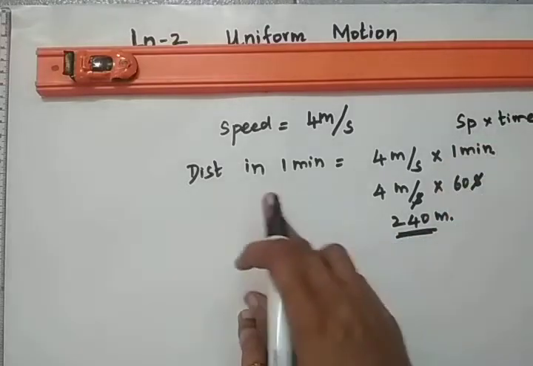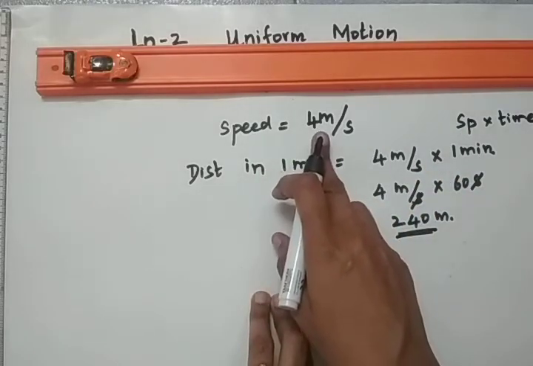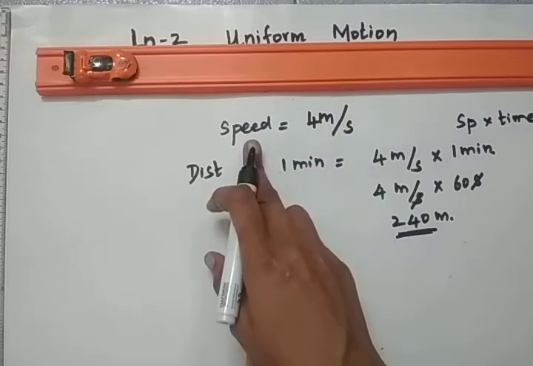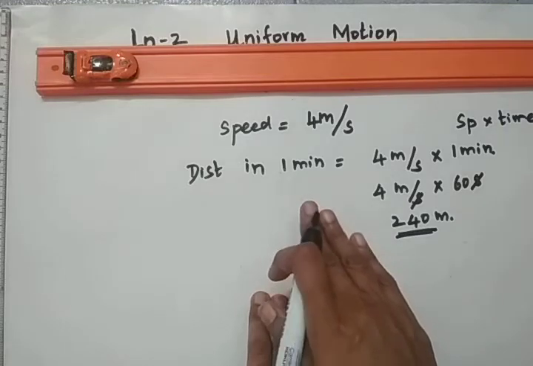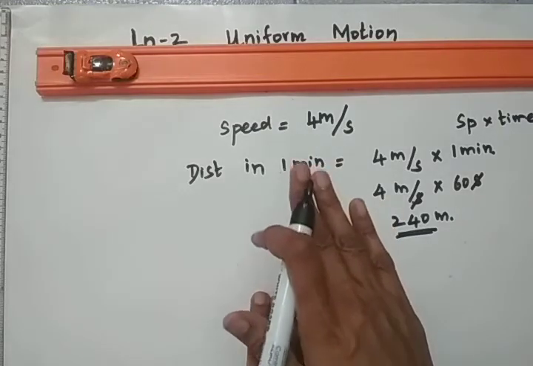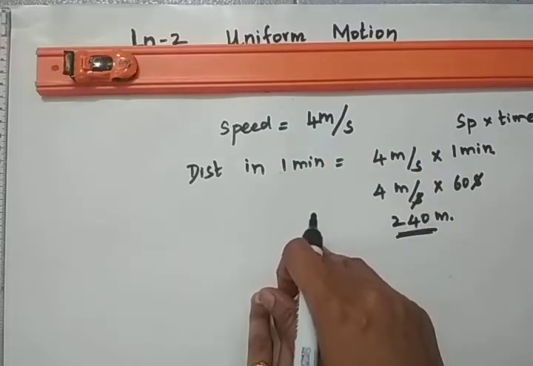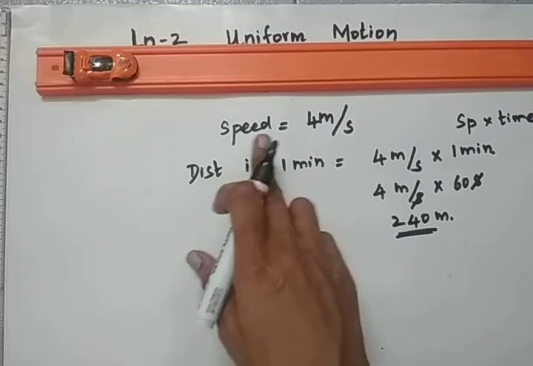Since the car has a uniform speed, it covers the same distance in the same period of time, and we are able to find the distance covered easily. But in practical road situations, in everyday life, there are external factors like traffic and bumpy roads, and we will not be able to maintain a uniform speed.